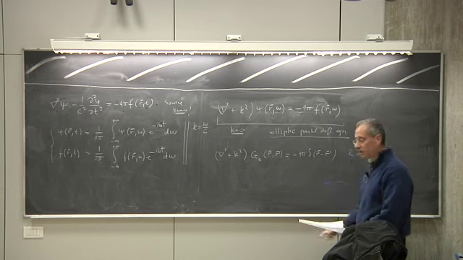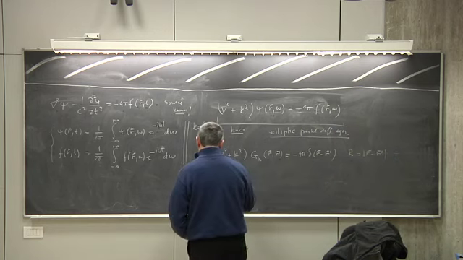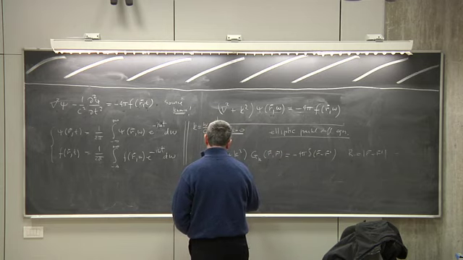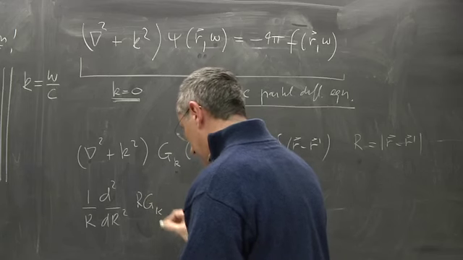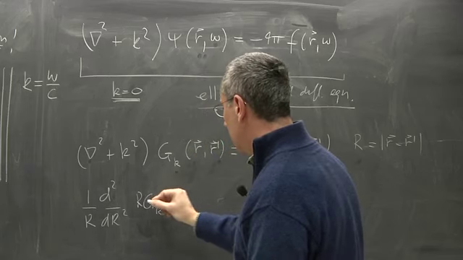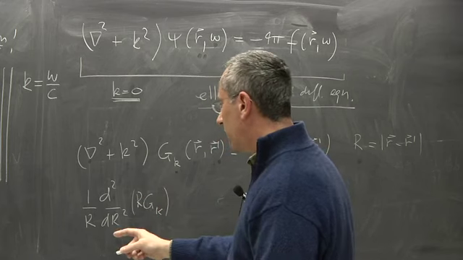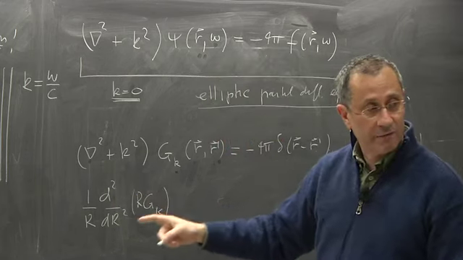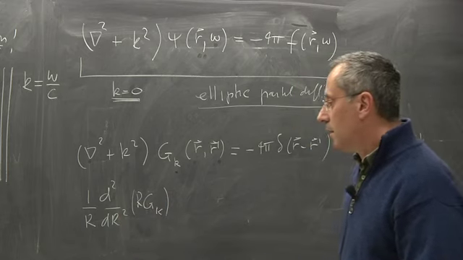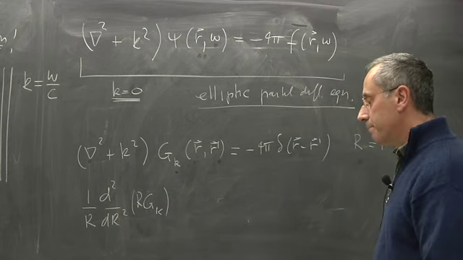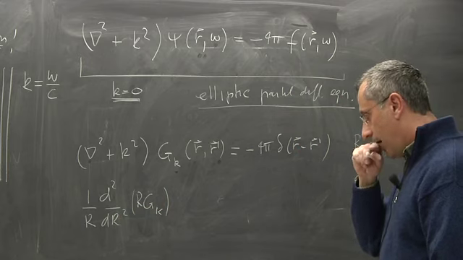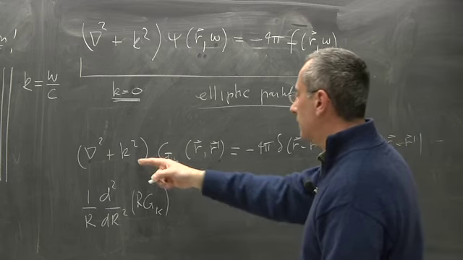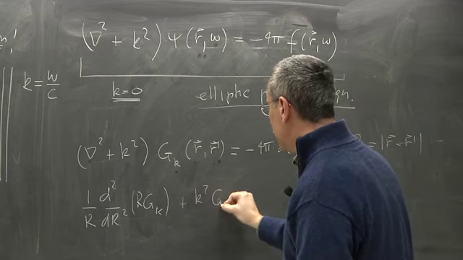So I can write this operator like 1 over R, the total derivative with respect to big R, of R times G of k, I'm just writing the Laplacian in spherical coordinates, the one I gave you in the photocopies, plus k squared, this G of k.